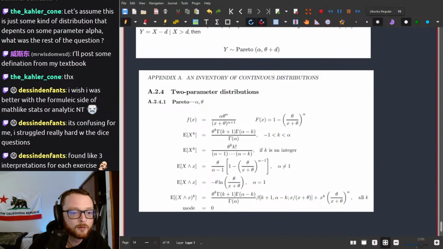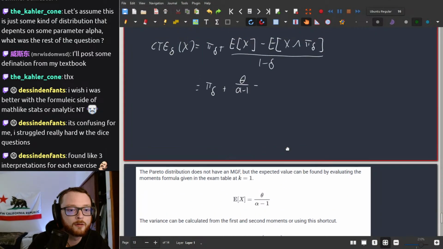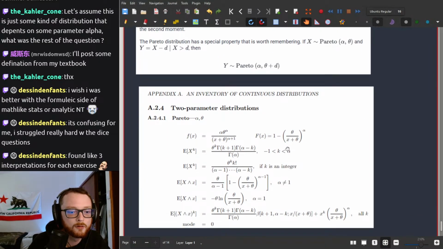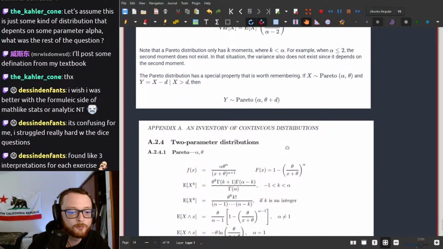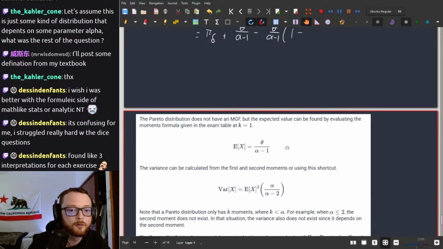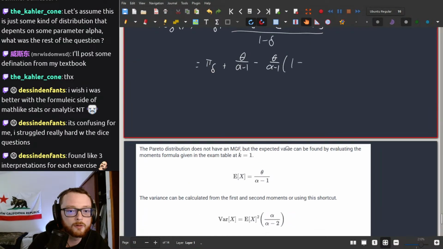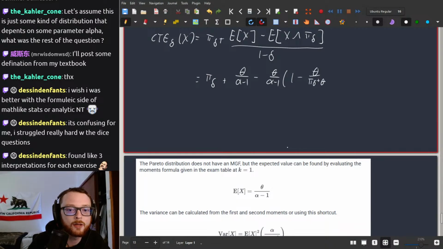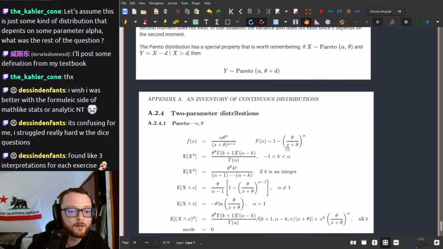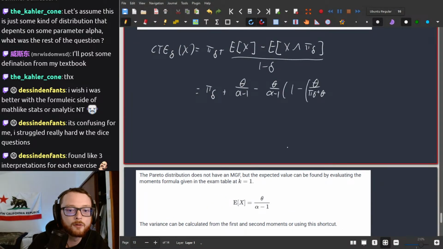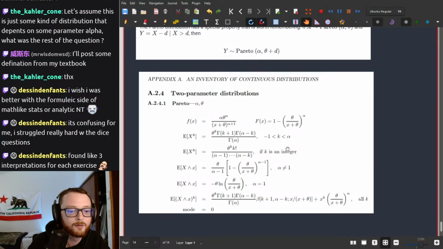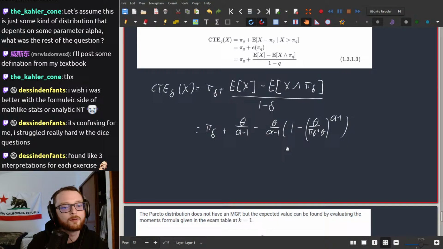Then we want this bad boy: one minus theta over pi delta plus theta, to the alpha minus 1, over 1 minus delta.